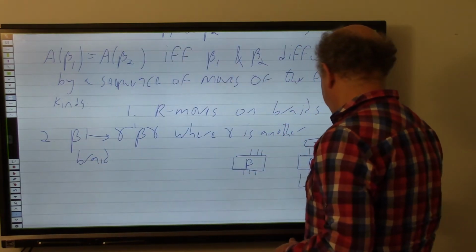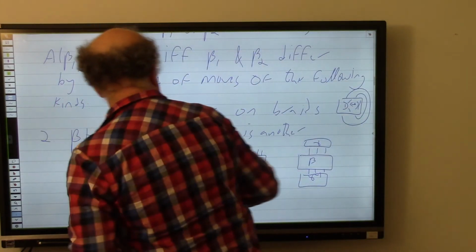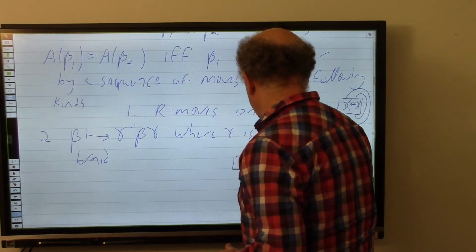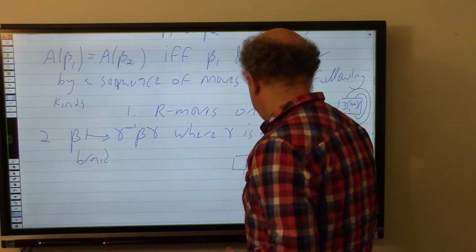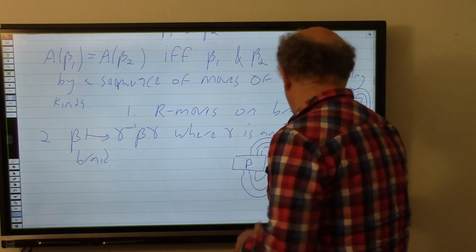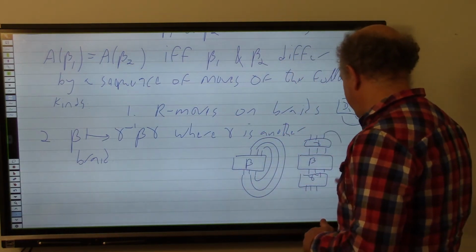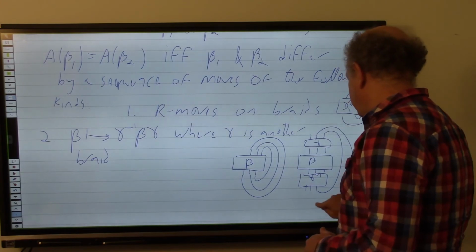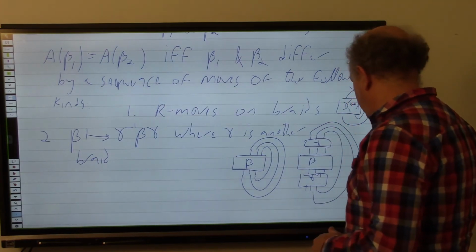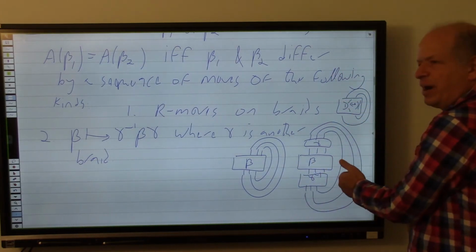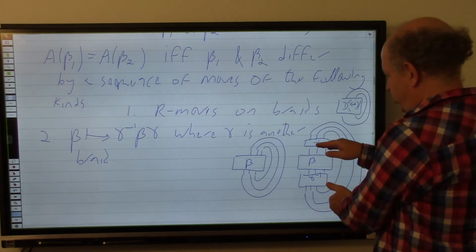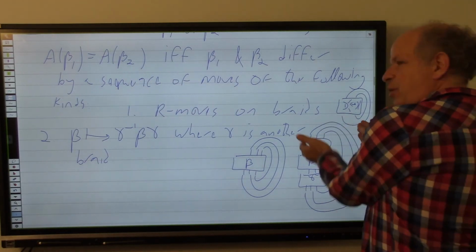So if you close beta, or if you close gamma inverse beta gamma, so if you close the thing on the right, well, you can slide gamma around the bend.